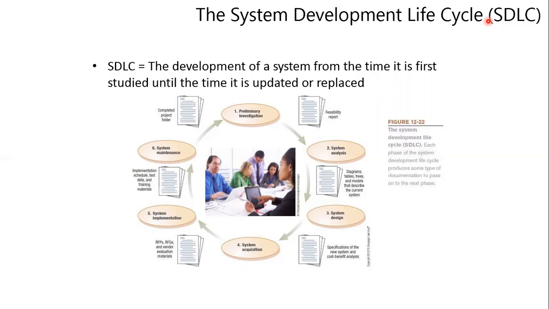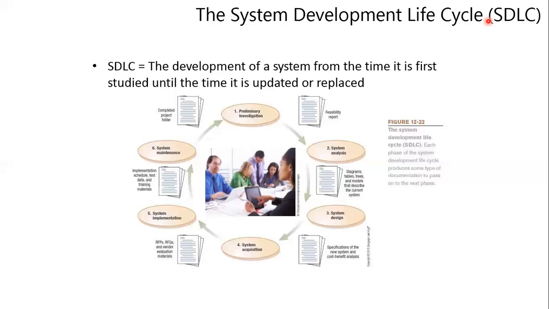A number of system development life cycle models have been created: waterfall, fountain, spiral, build and fix, rapid prototyping, incremental, and synchronize and stabilize. The oldest of these and the best known is the waterfall model.